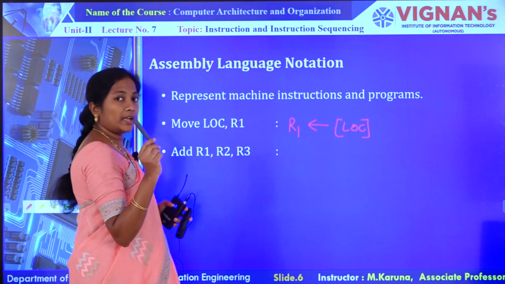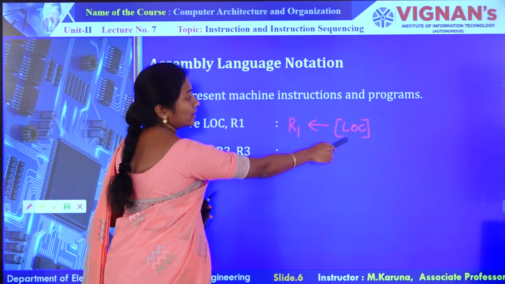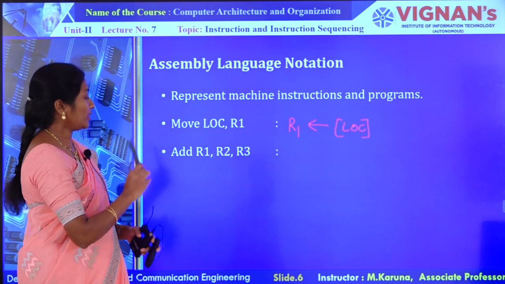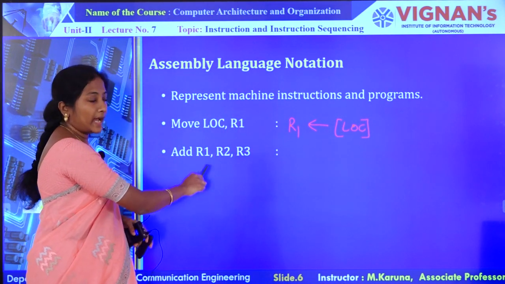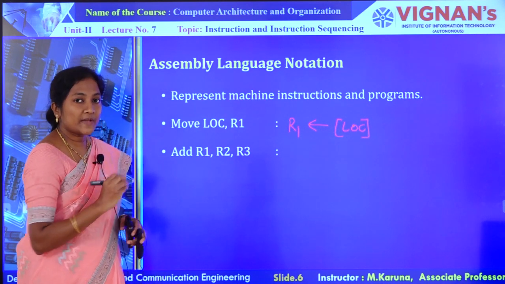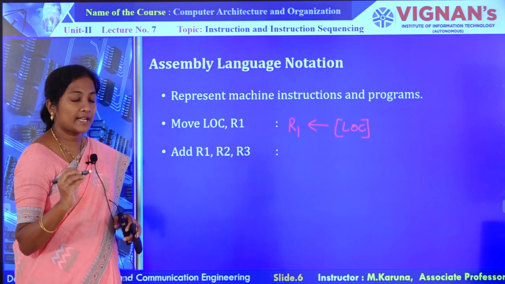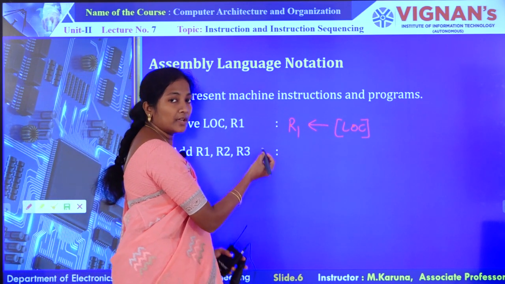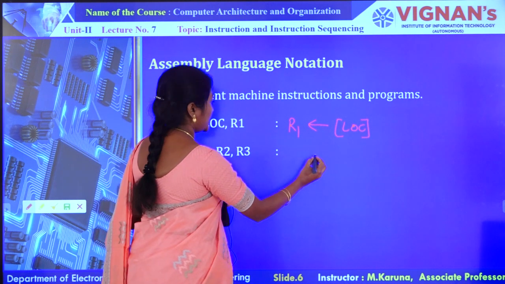The content existing in the location will be transferred to R1. Here also, add R1 comma R2 comma R3. So, this can be specified in terms of register transfer language. Let us see how we will specify it.